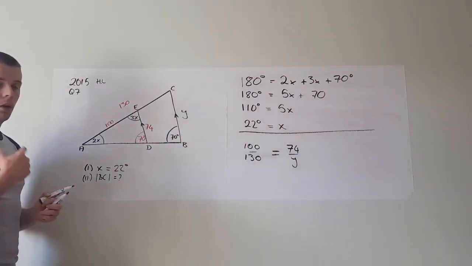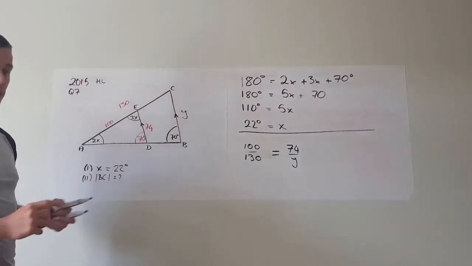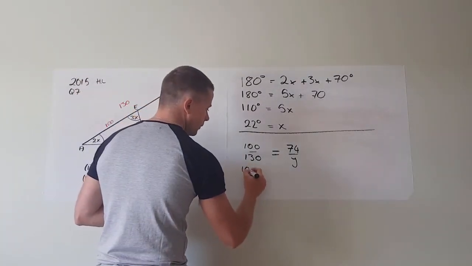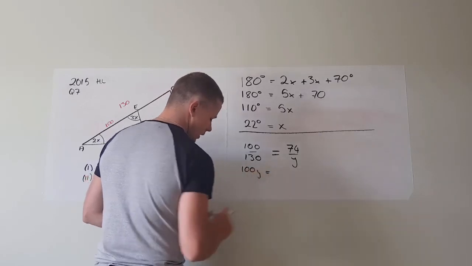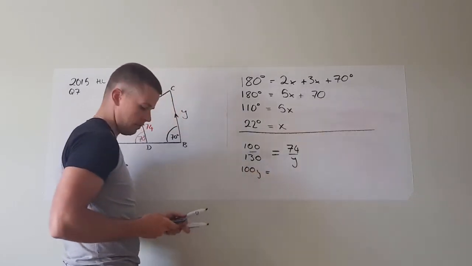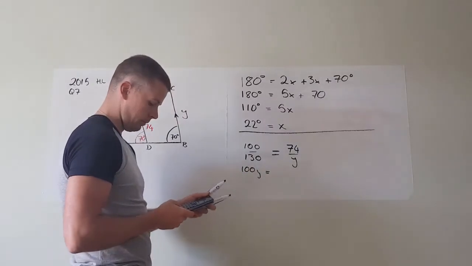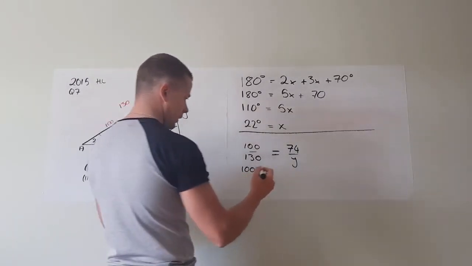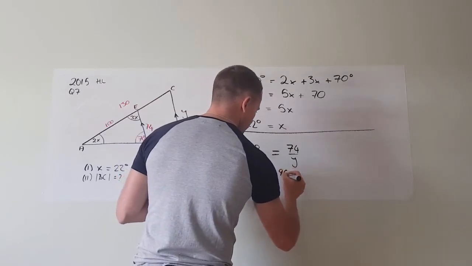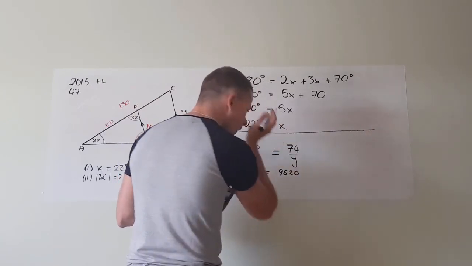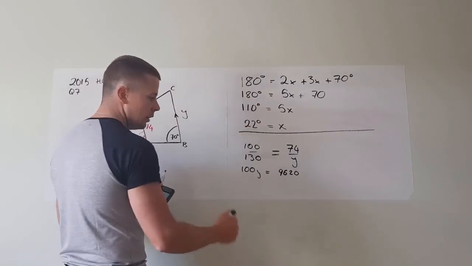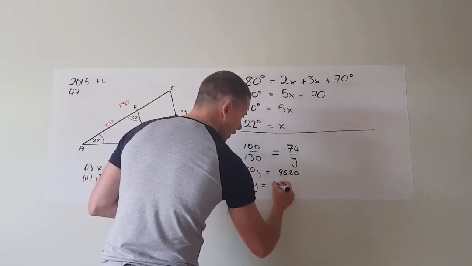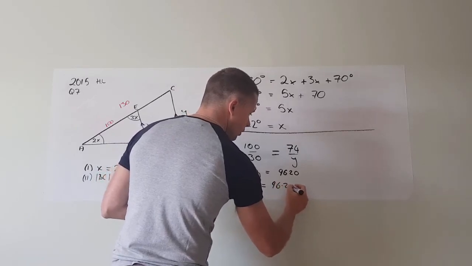All right, so all we're going to do here to find y is we're simply going to cross multiply. So we're going to get 100y is equal to 9620. All right, dividing both sides by 100, so y is going to equal 96.2.